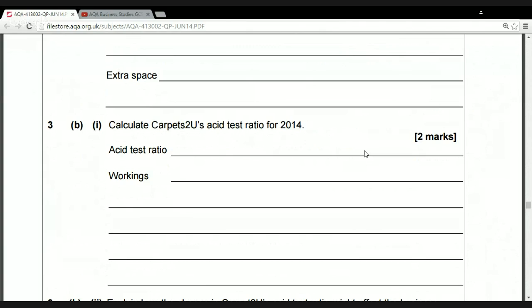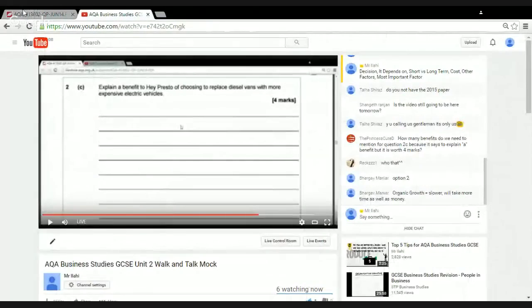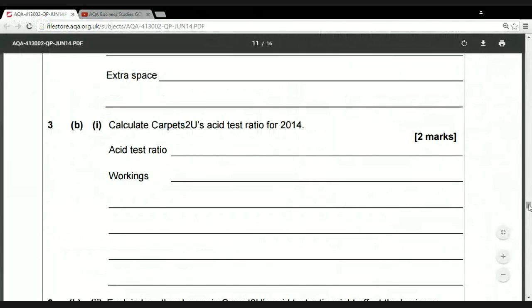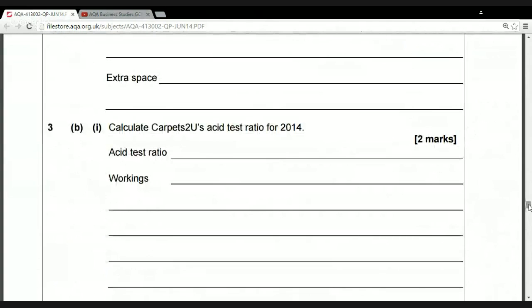So the acid test ratio is total current assets minus inventory. We're going to go through the total current assets, which is 57.